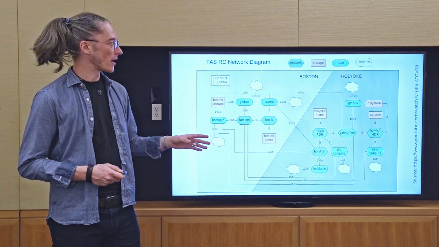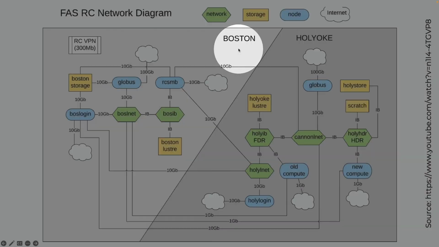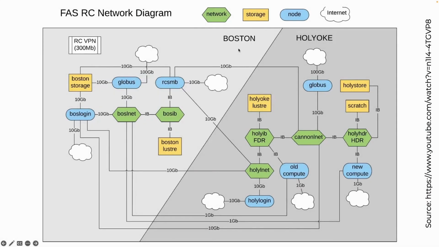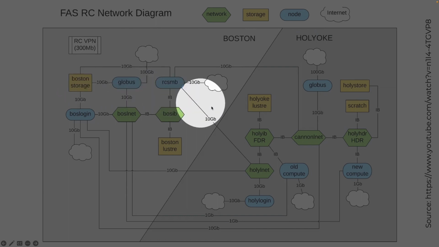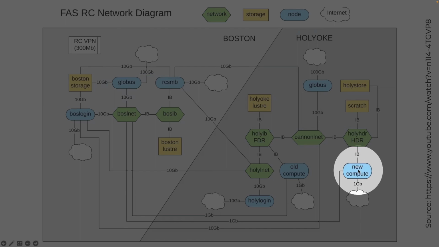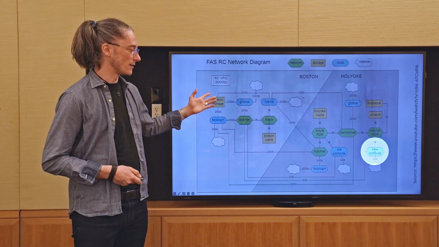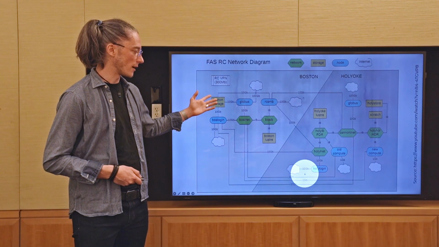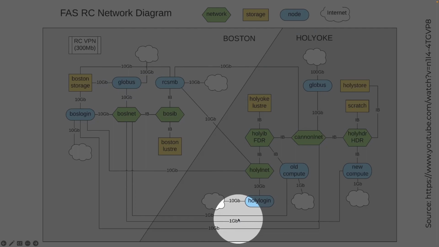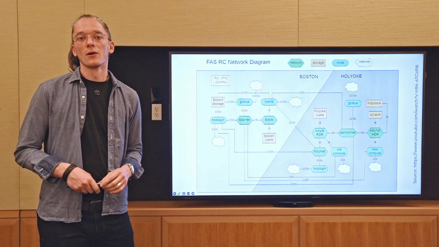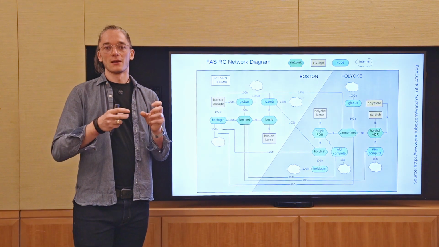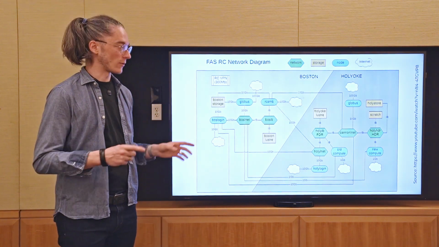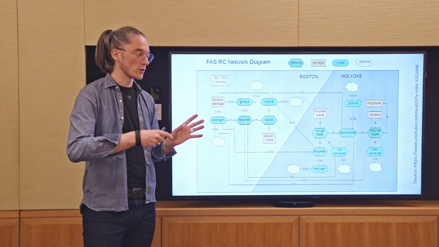And as I said, we have the Holyoke site and the Boston side of the entire network. So if your data, for example, is stored on a Boston storage node, and you want to compute something here on this new compute node on the Holyoke side, then you should be aware that you probably go here over this 1 gigabit per second link, which would explain why you have a lot of latency and not as good a connection into the network when combining your data and your compute script.